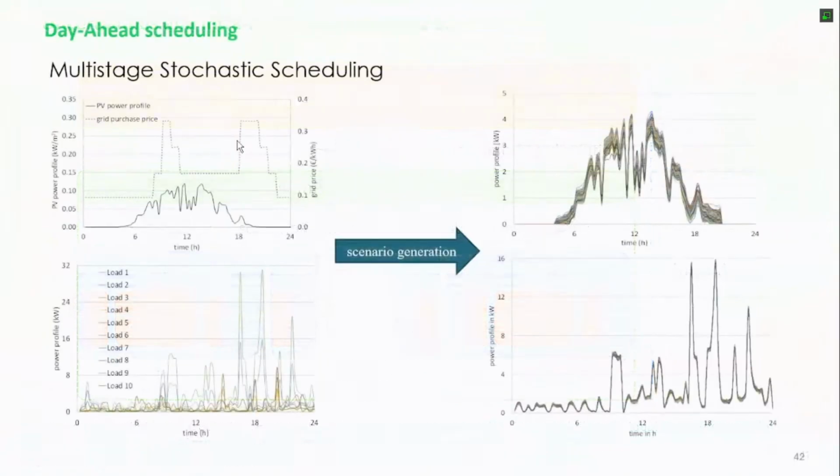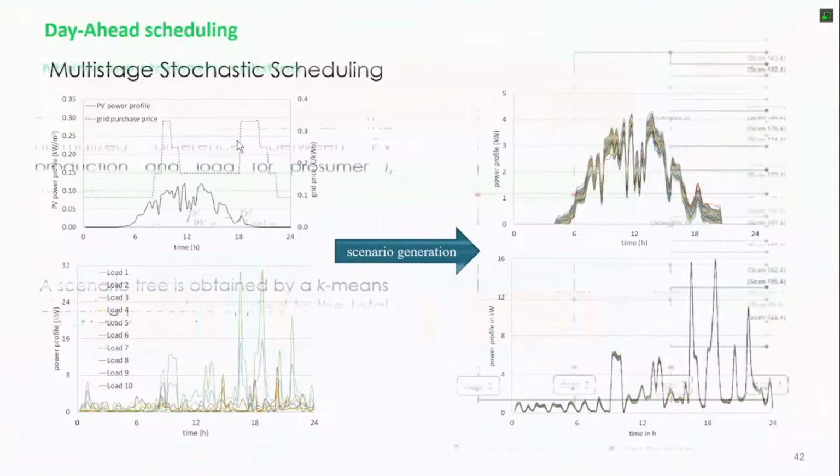And this is the creation of the scenarios. We start with this profile of the photovoltaic forecast, and we create several scenarios around this behavior. And also for the loads, we have several different scenarios with some level of uncertainty.